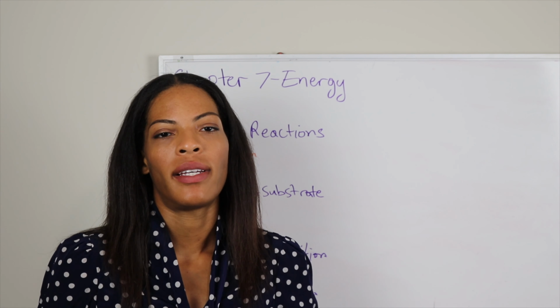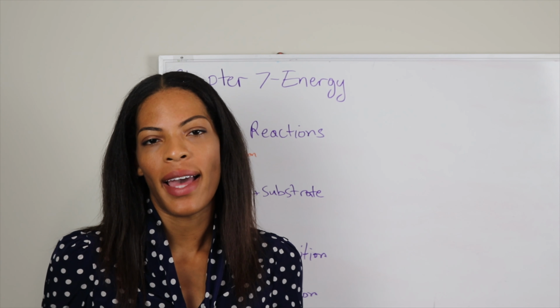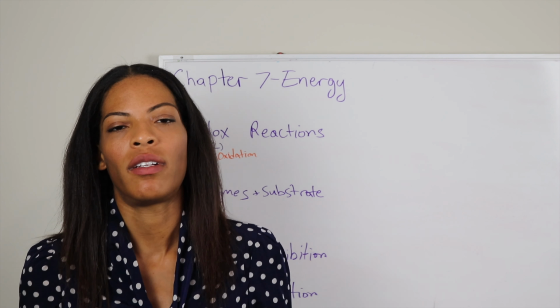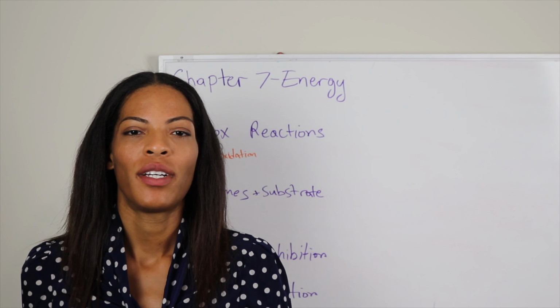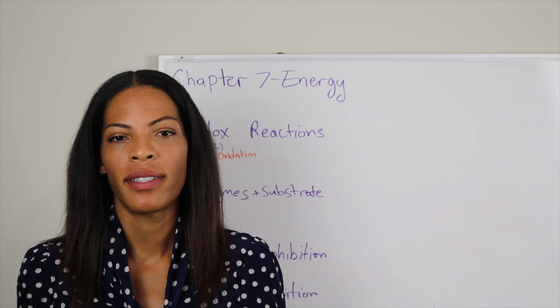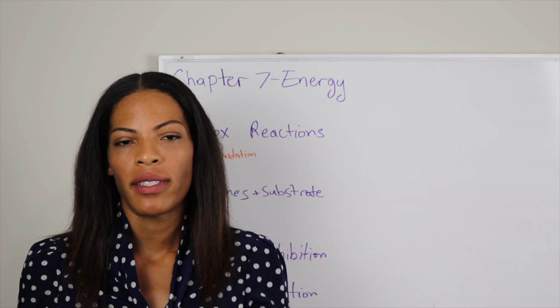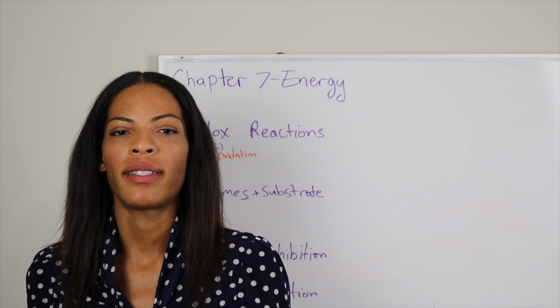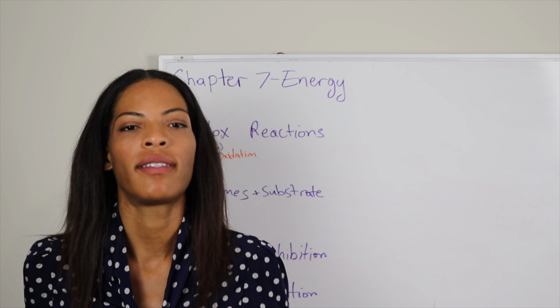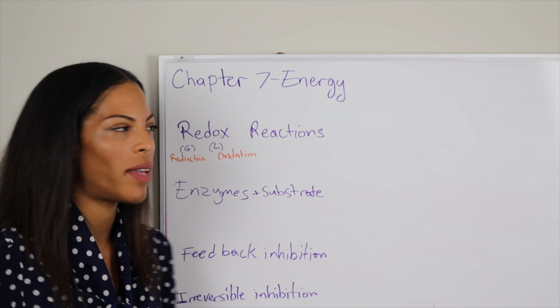An example is NAD, and NAD gains an electron in the form of a hydrogen, and that is the reduction aspect of the process. These reactions work together and transfer electrons from one molecule to the next, and those are called redox reactions. Okay, so you'll see some examples of that coming up.